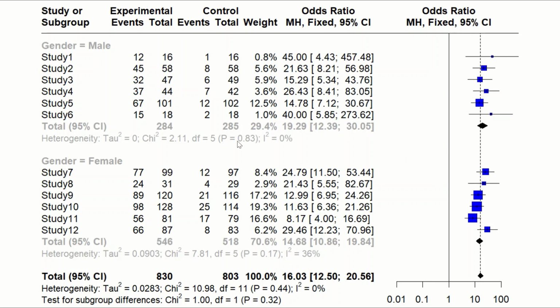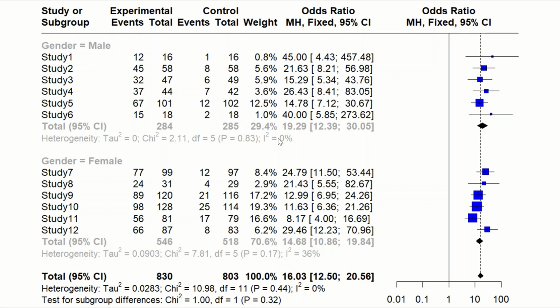And if we look at the pooled overall odds ratio, for the males it is 19.3, and for females it is 14.68. And if we look at this section here, this section shows the overall odds ratio without performing subgroup meta-analysis, and it is 16.03.